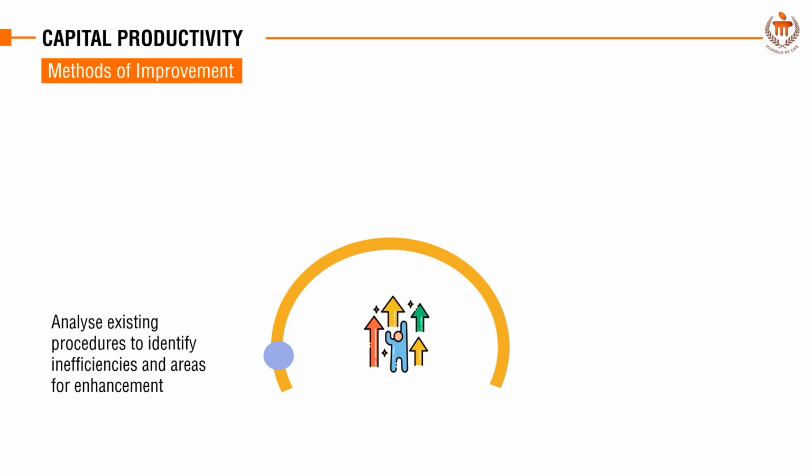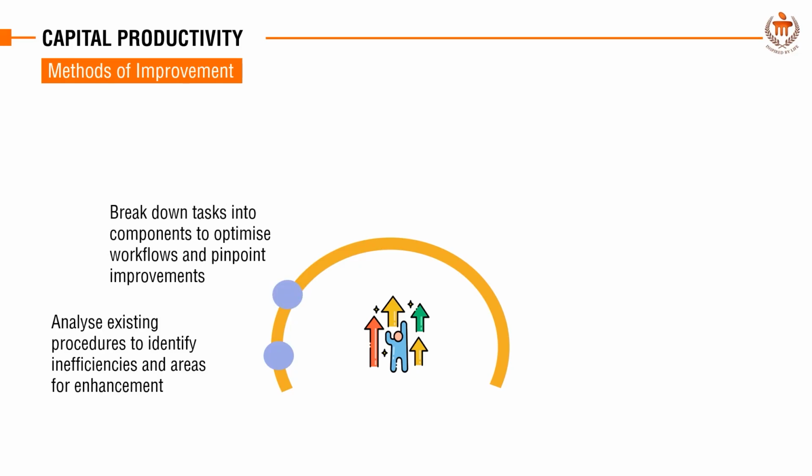The process of methods improvement begins with a thorough analysis of existing procedures. This analysis helps identify inefficiencies or areas that require enhancement, setting the foundation for further improvement efforts. The primary goal is to understand how a job is accomplished by breaking it down into its elemental tasks.